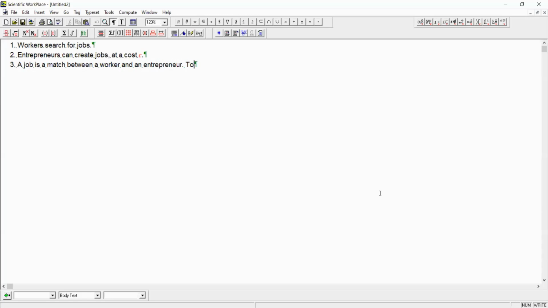And together they produce Y, where Y is drawn from some distribution which has the PDF of little f as before, and with CDF of big F. Next, as before, the unemployed gets a benefit B, and jobs are destroyed exogenously with probability lambda.